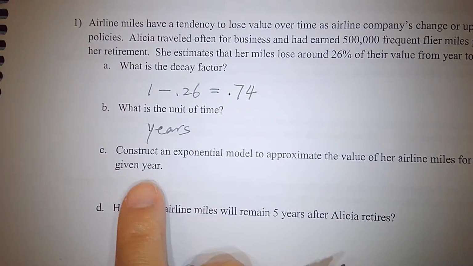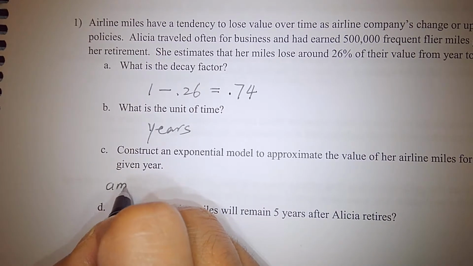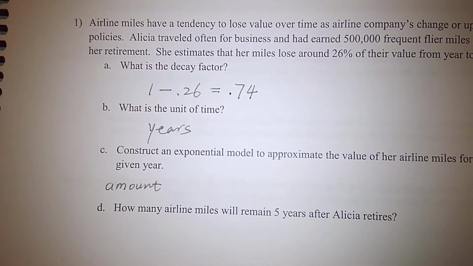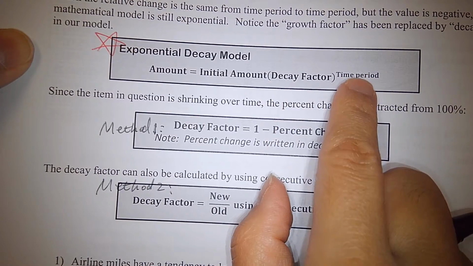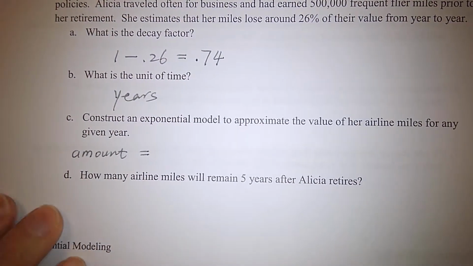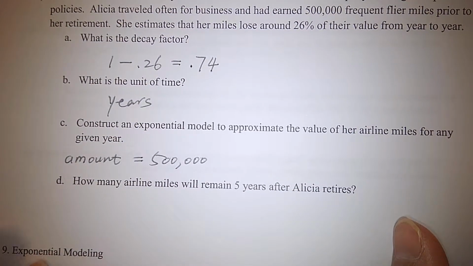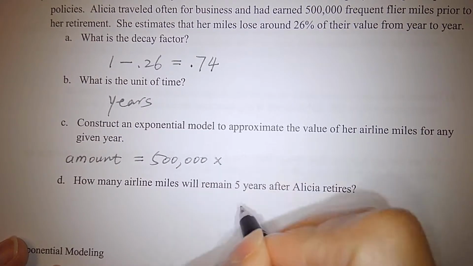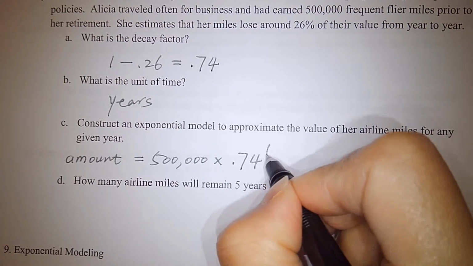Construct an exponential model. The mileage will equal the initial amount times the decay factor to the time period. What is the initial amount in this question? 500,000 miles. Times the decay factor, what is that? 0.74 to the power of t.